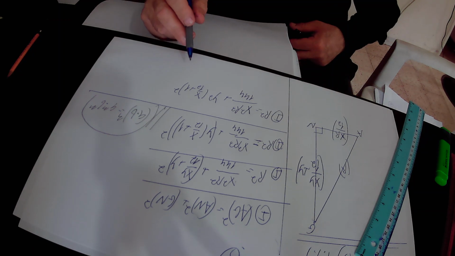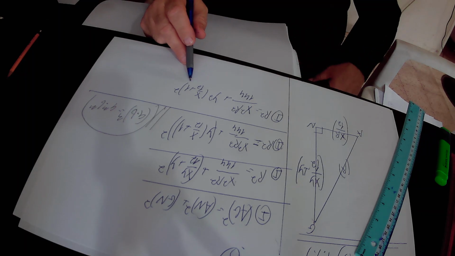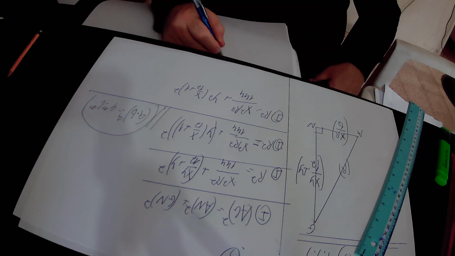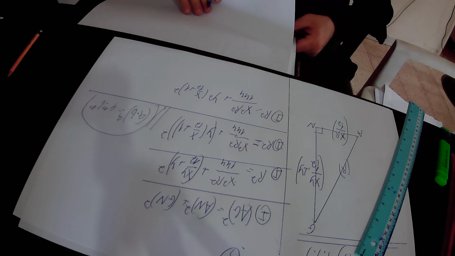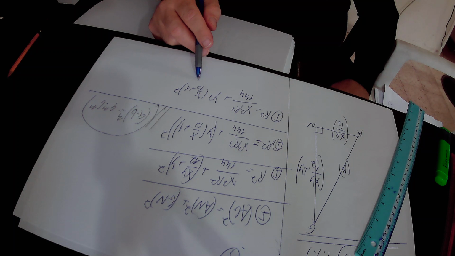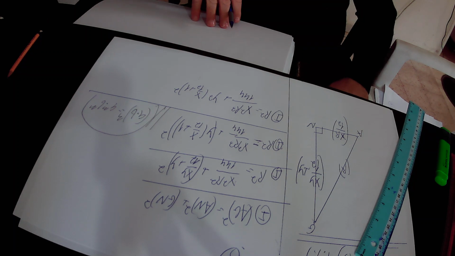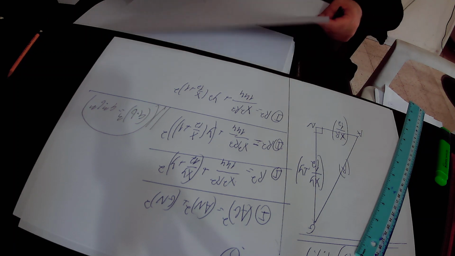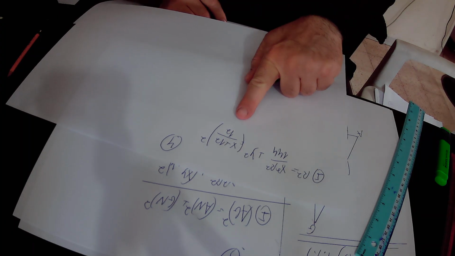So here we multiplied 1 by 12, so in total in the numerator we'll have x plus 12, divided by 12, squared. So in total this expression will be equal to (x plus 12 over 12) squared.